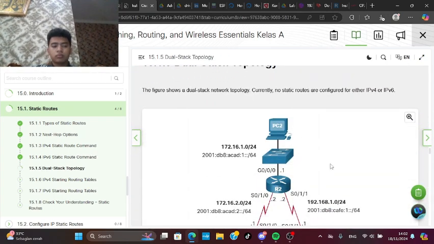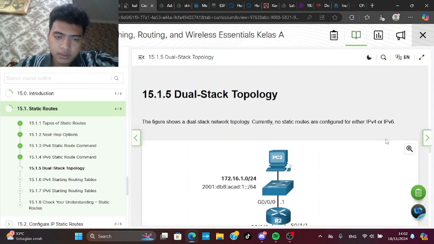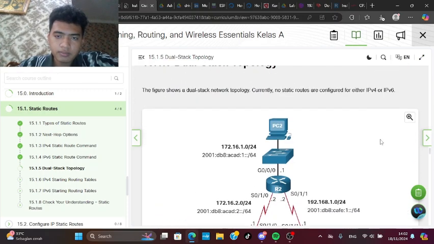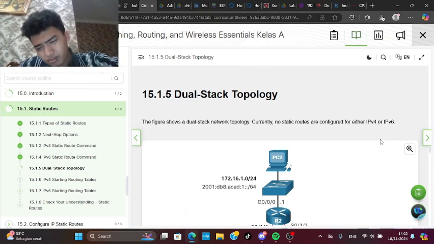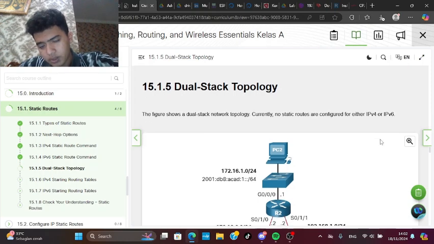Then we have the dual stack topology, which uses both IP version 4 and 6 static route commands, I guess. Currently, no static routes are configured for either IP version 4 or IP version 6.